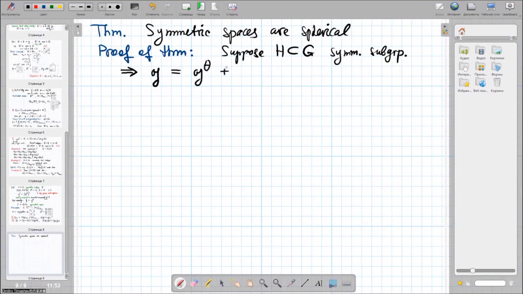Since the automorphism theta is an involution, the eigenspaces have eigenvalues 1 or -1. And this is this decomposition.